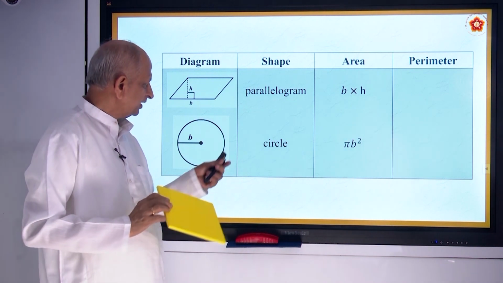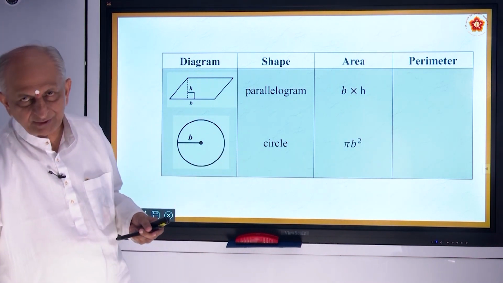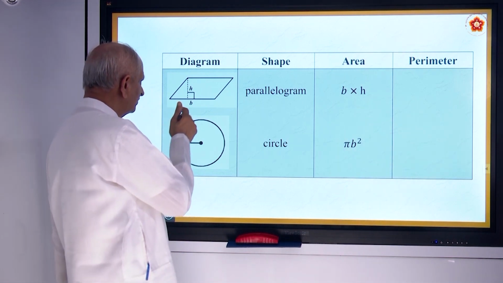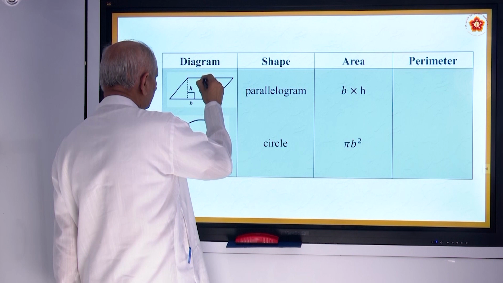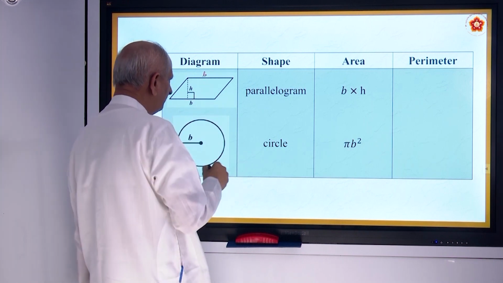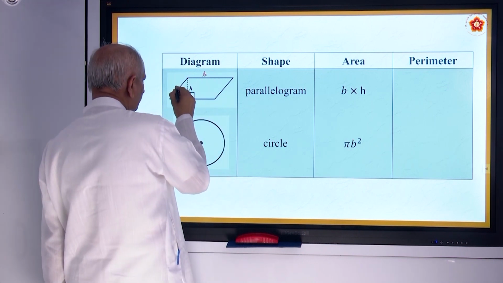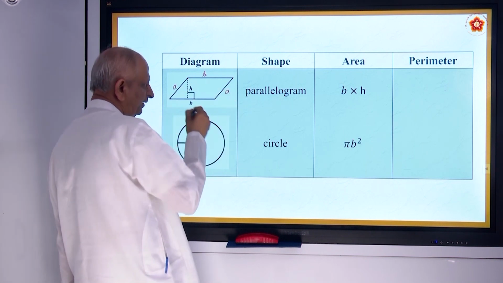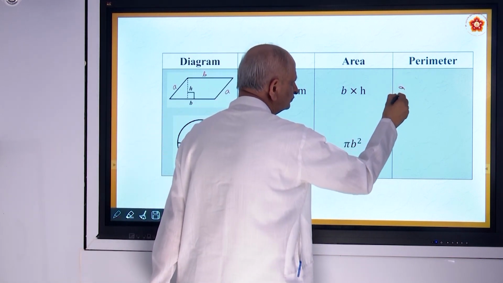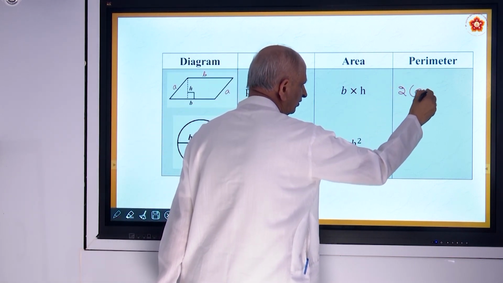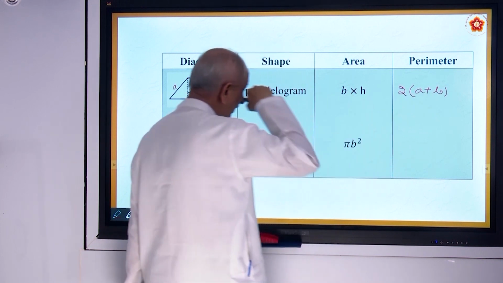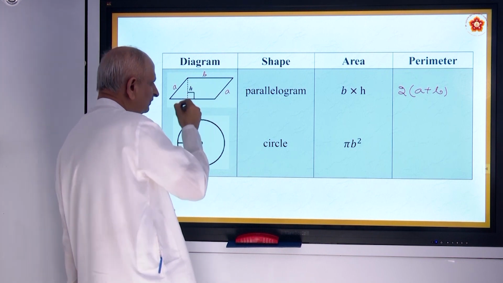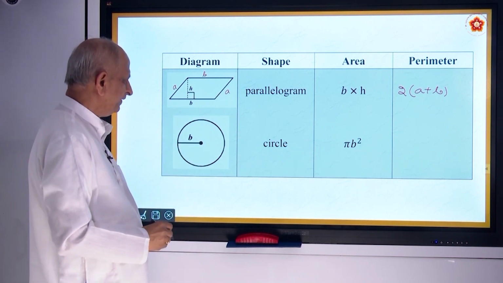And we have seen the formula, base into height, BH, and perimeter becomes, suppose you have this b also there, so b plus b, 2b it becomes, and this we call a, so 2a plus 2b, 2 into (a plus b) you can call, because opposite sides are equal and parallel, and therefore if this is b, this also becomes b, 2 into (a plus b).